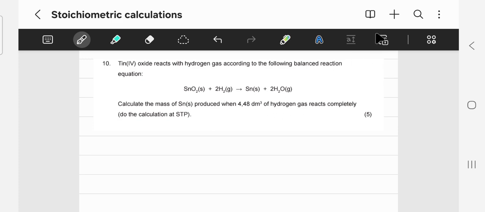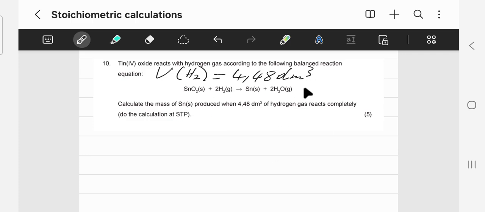Okay, let's see. So guys, likewise, the first thing that we're going to do is to write the information that is given, and we see that we are given the volume of hydrogen. Let me just write it this way. We are given the volume of hydrogen, and that volume is 4,48 dm cubed. That's the volume for hydrogen. And what are we looking for?